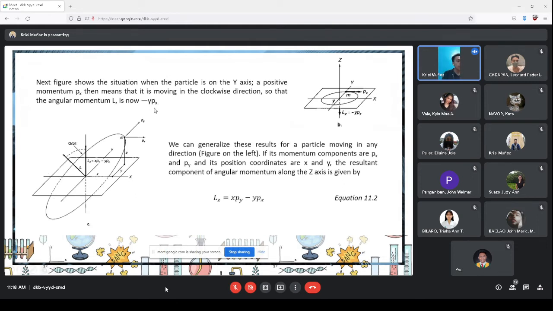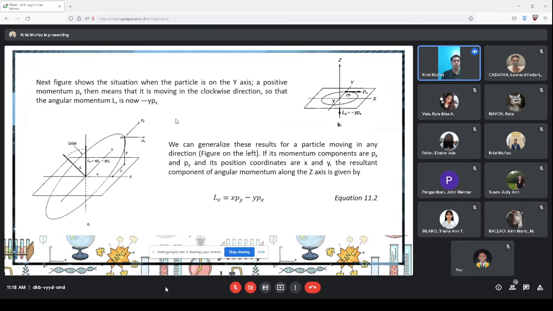The next figure shows the situation when the particle is on the y-axis. A positive momentum p_x then means that it is moving in the clockwise direction, so that the angular momentum L is now negative, y p_x. So what if the rotation of our electron or particle is clockwise?